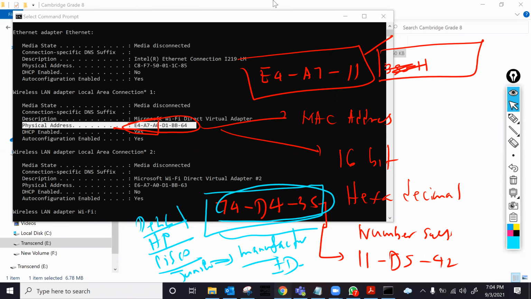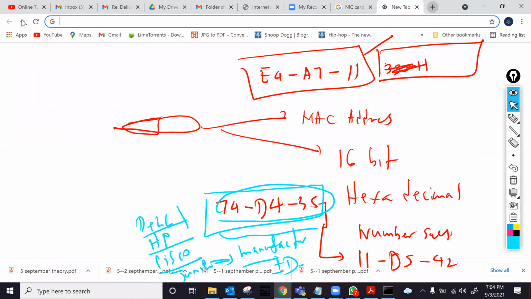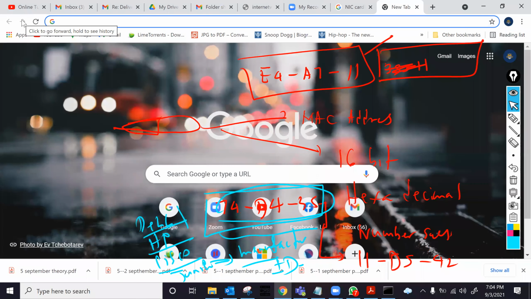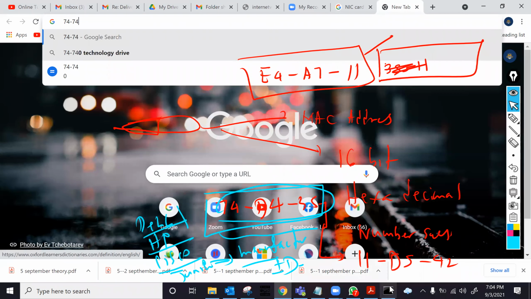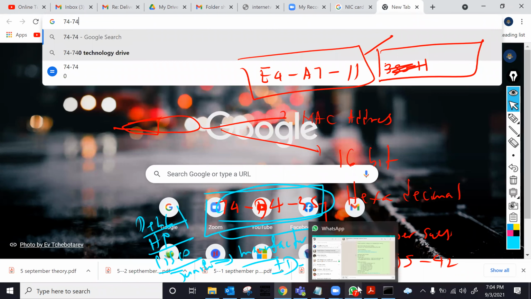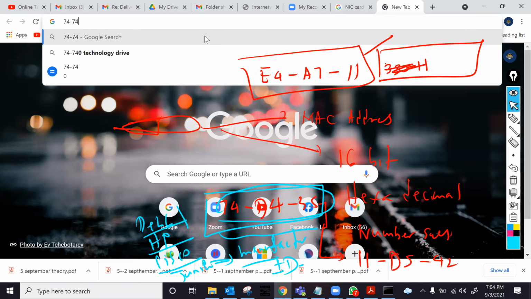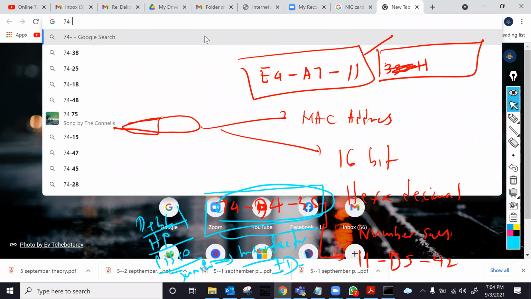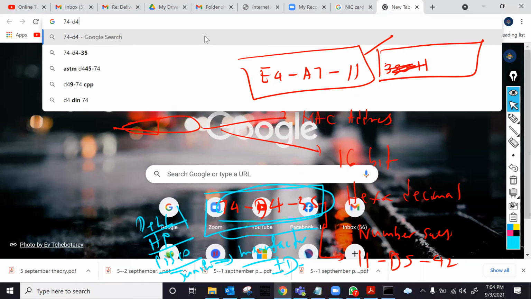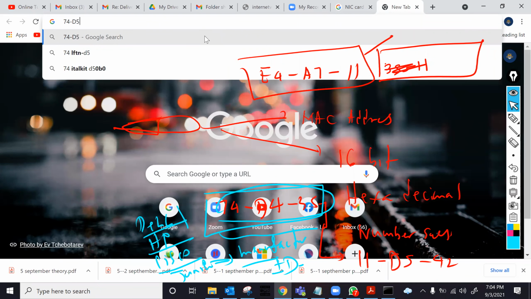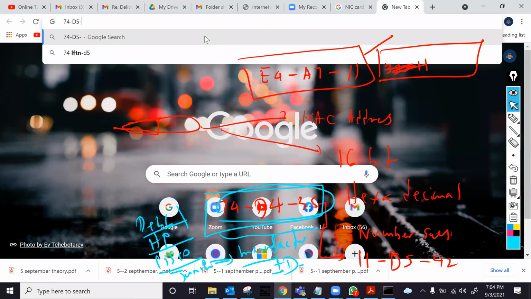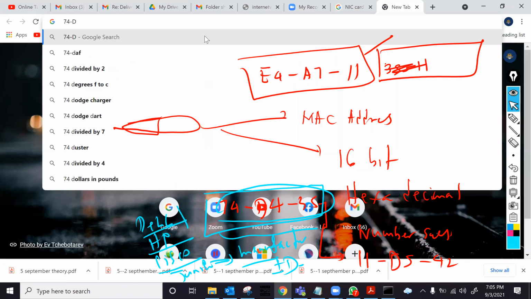74D435. So for the same 74D4, what's the number? Can you tell me? 7, 4, D4, 3, 5.